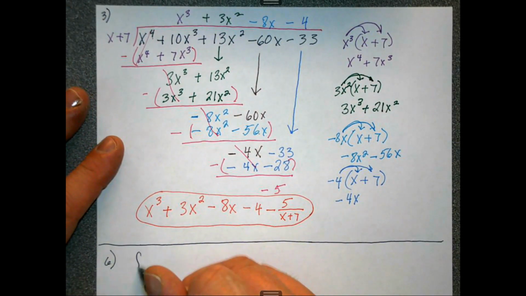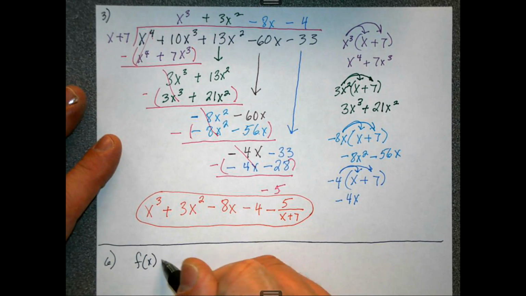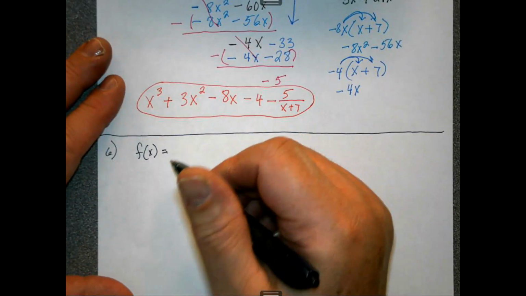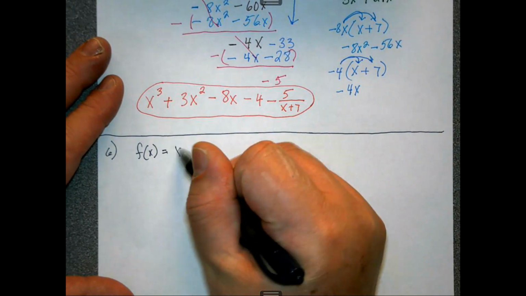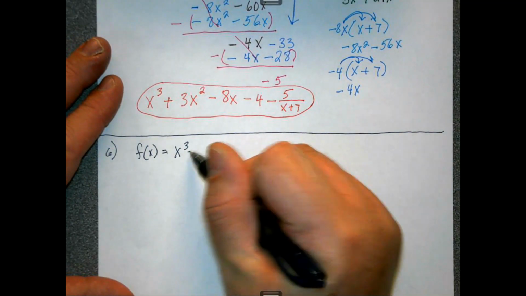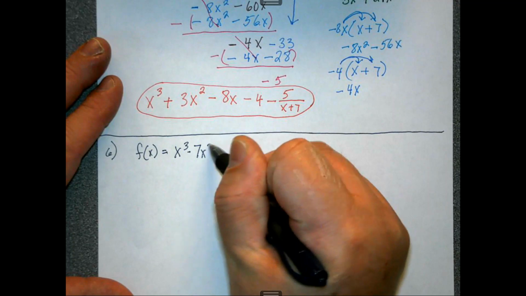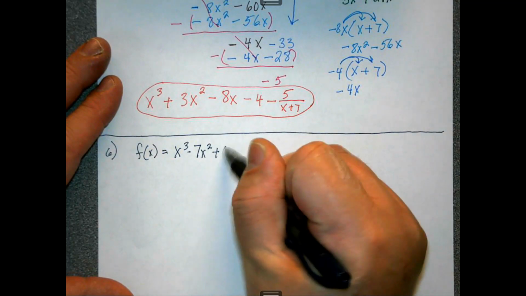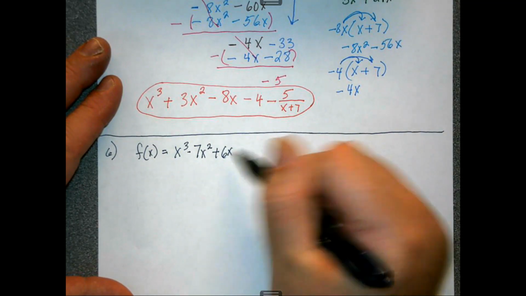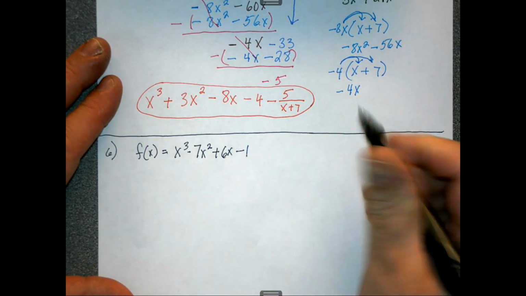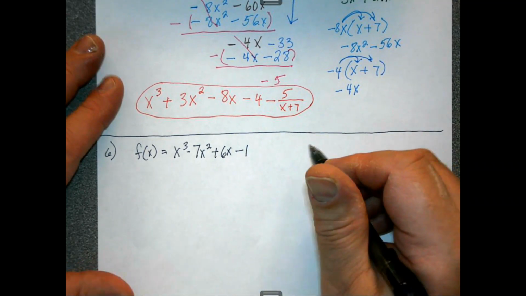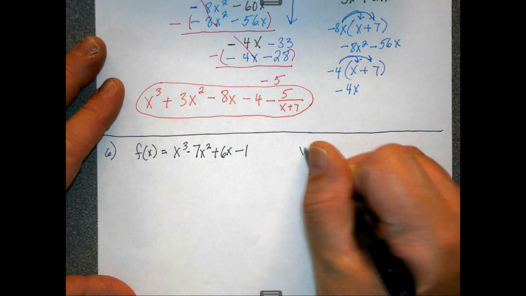The f of x equals x cubed minus 7x squared plus 6x minus 1. And the f of x, or x equals 6.